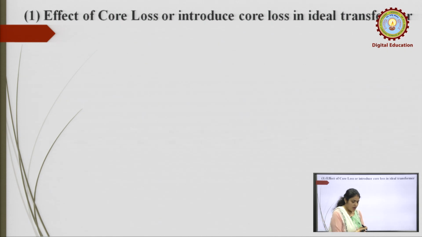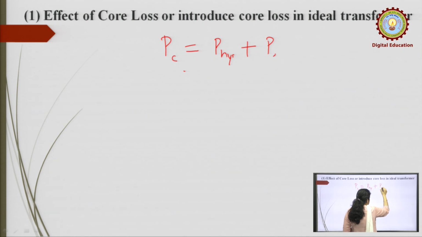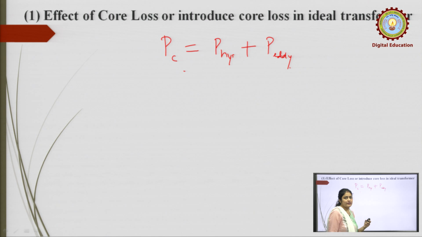As you know, the core loss is equal to the hysteresis loss plus the eddy current loss. Obviously these are the losses that introduce power loss in the transformer.